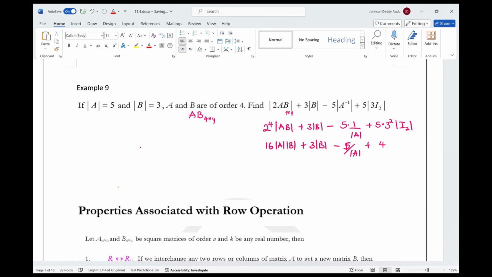So this is 45. So this is going to be 16 times what? Determinant of A is 5. Determinant of B is 3. So 5 over, determinant of A is 5. So this is 5 over 5 plus 45 times 1. Right?